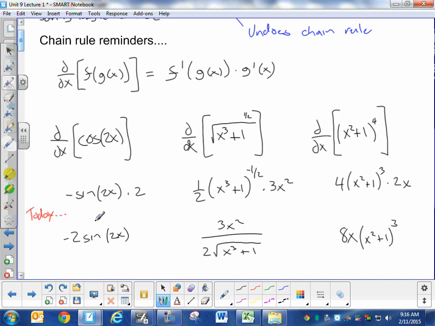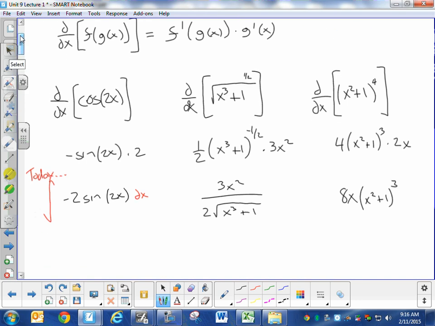Well, today, we're going to start here and go backwards. We will be doing this to get our answer of this. We will be taking the antiderivative of this to get our answer of this.